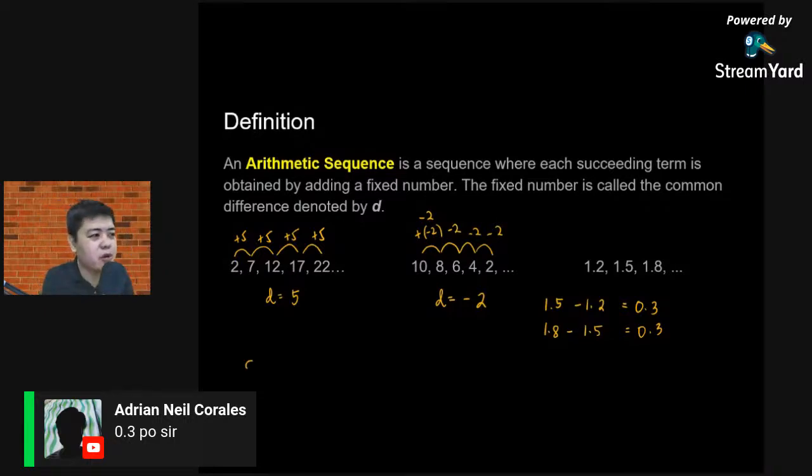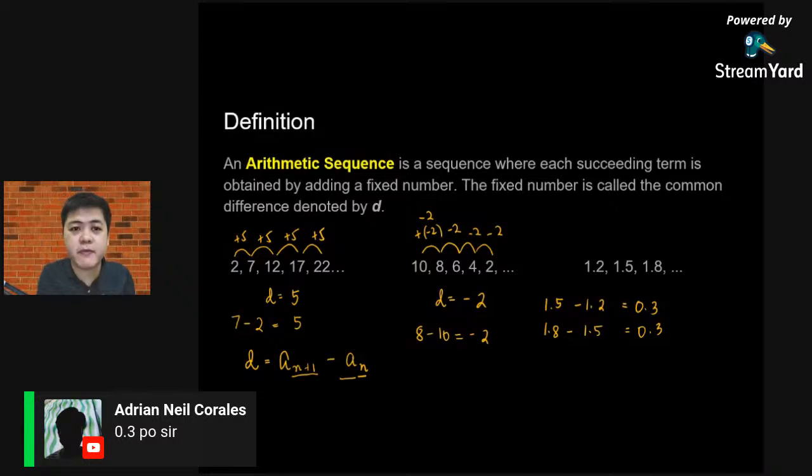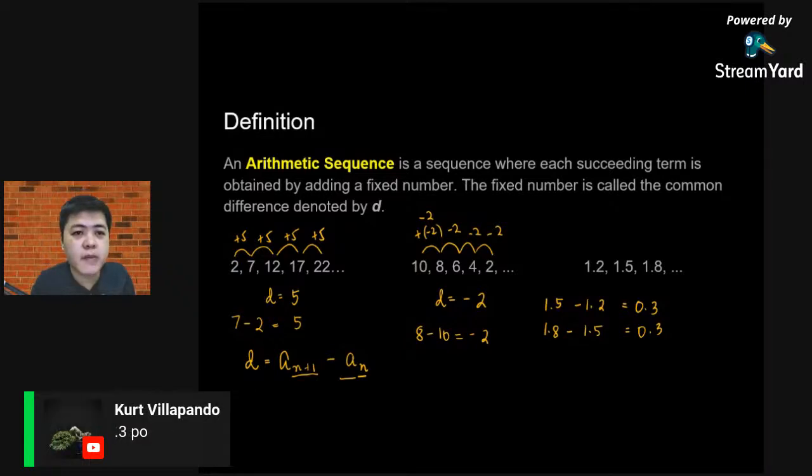The notation used is a sub n plus 1 minus a sub n, because n plus 1 means the next term after this term. Here, it's negative 2 because it's 8 minus 10. Here, it's 5 because it's 7 minus 2. So that's positive 5. Correct, Kurt, correct, Abby.